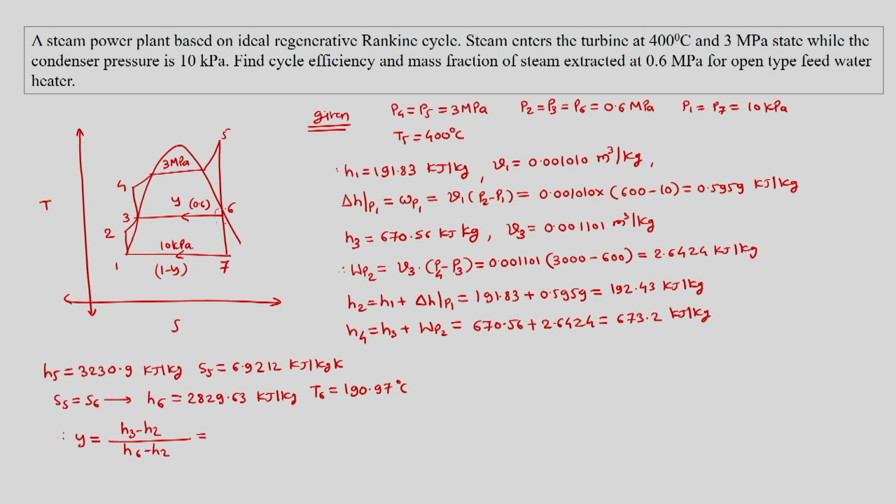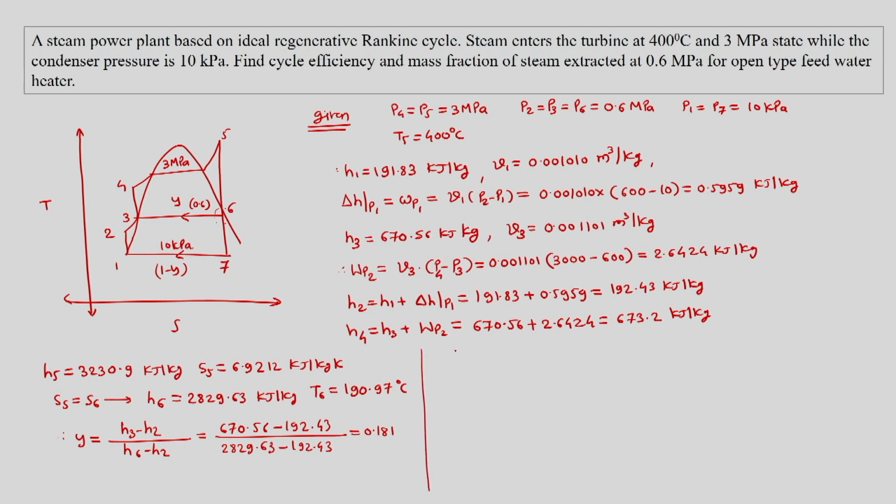So, this gives us Y equal to 670.56 minus 192.43, divided by H6, which is 2829.63, minus 192.43, and this gives us 0.181. So, the mass fraction is found.